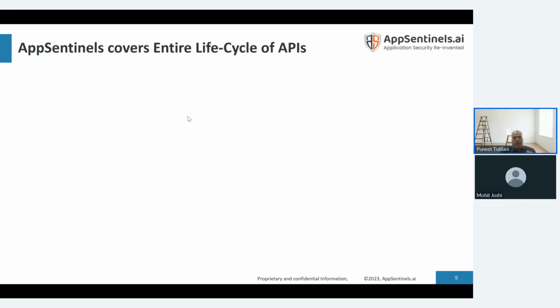Now, as you saw in the OWASP API Top 10, right? There are authorization related techniques, three of them in the top five. And as we discussed, many of these authorization related techniques are better handled during the build cycle, during the CI/CD or the shift left cycle, right?